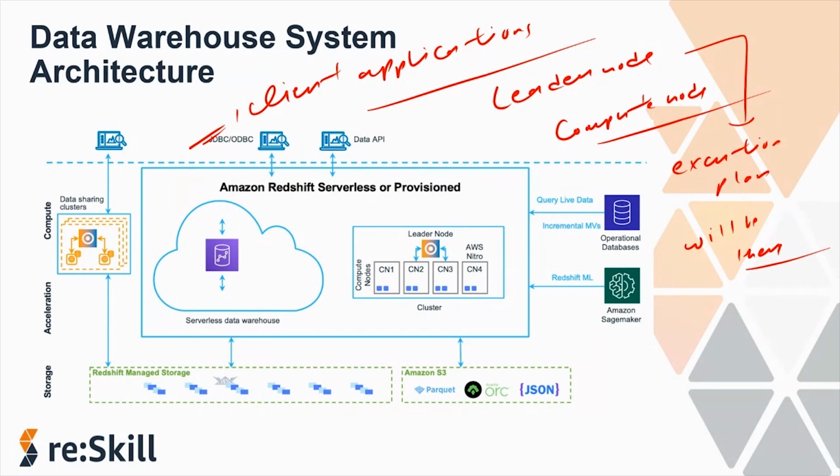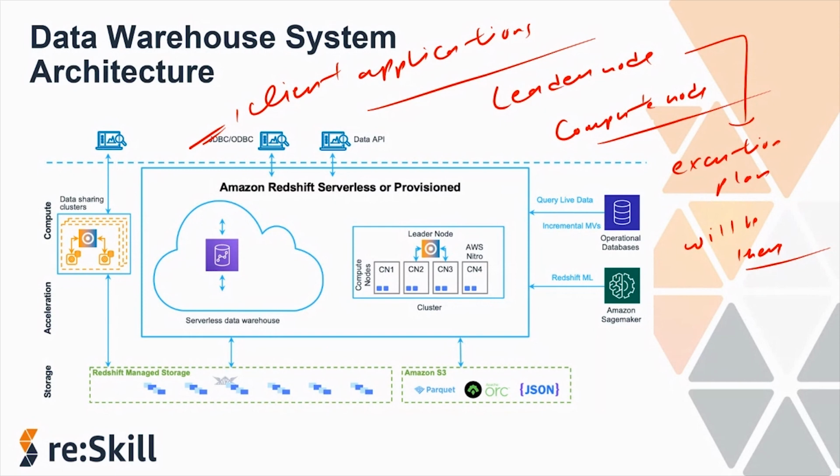The leader node manages communication with the client program and all communication with the compute nodes. It acts as a central intermediary interacting with the client applications as well as the compute nodes. It parses and develops the execution plan to carry out the database operation.